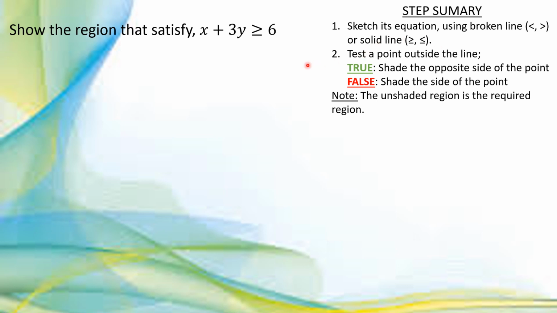Now we test a point outside the line. Most of the time we use (0, 0) if the line doesn't pass through (0, 0). If the test comes out true, we shade the opposite side of the point, and if it comes out false, we shade the side of the point. Note the unshaded region is our required region.